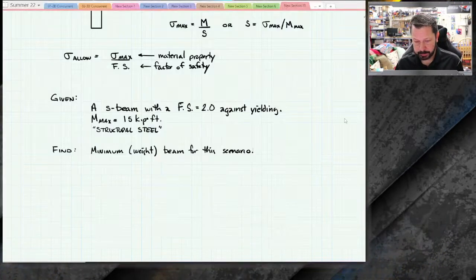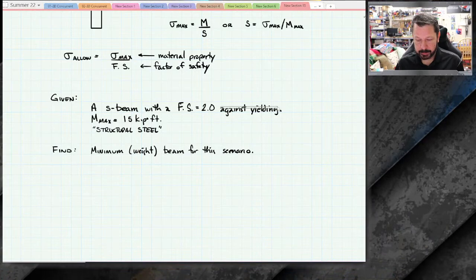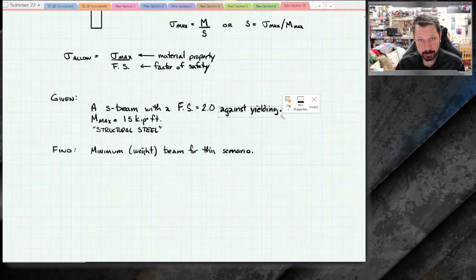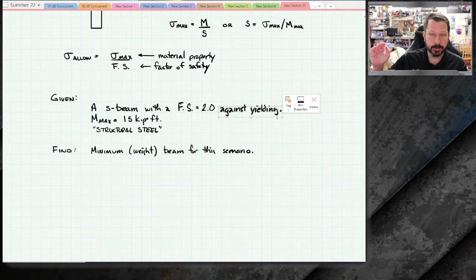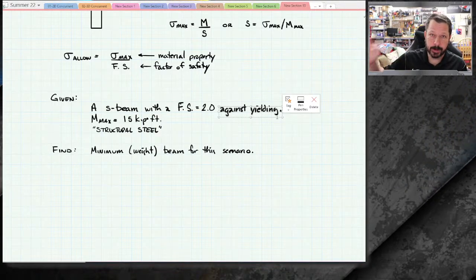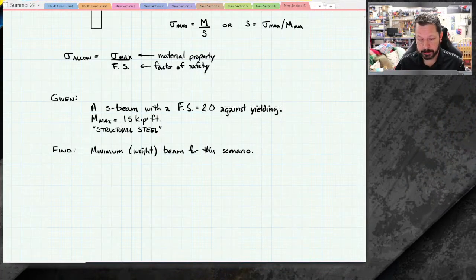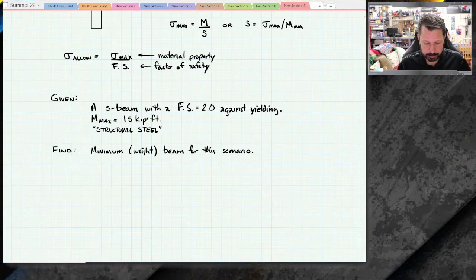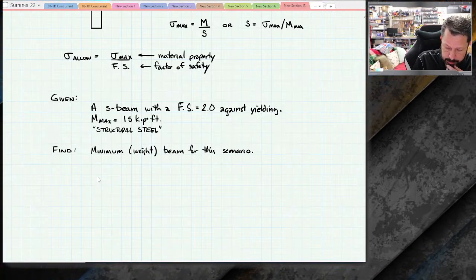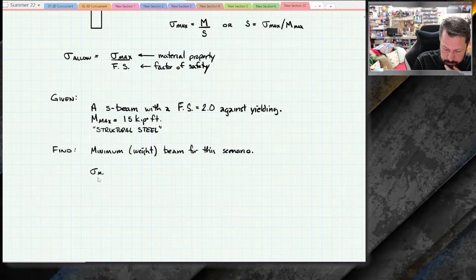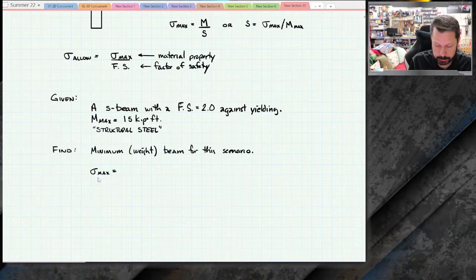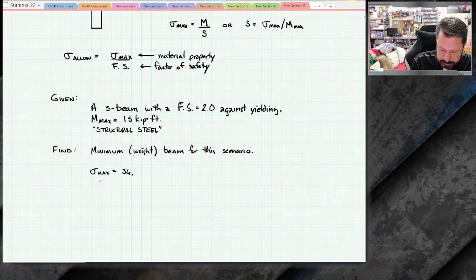So our problem says factor of safety of 2 against yielding. That means we want the strength where it's going to begin to yield, not the strength where it's going to fracture. So 2 against yielding means that our sigma max that we're going to have from our material, it said 36 ksi, is 36,000 psi.